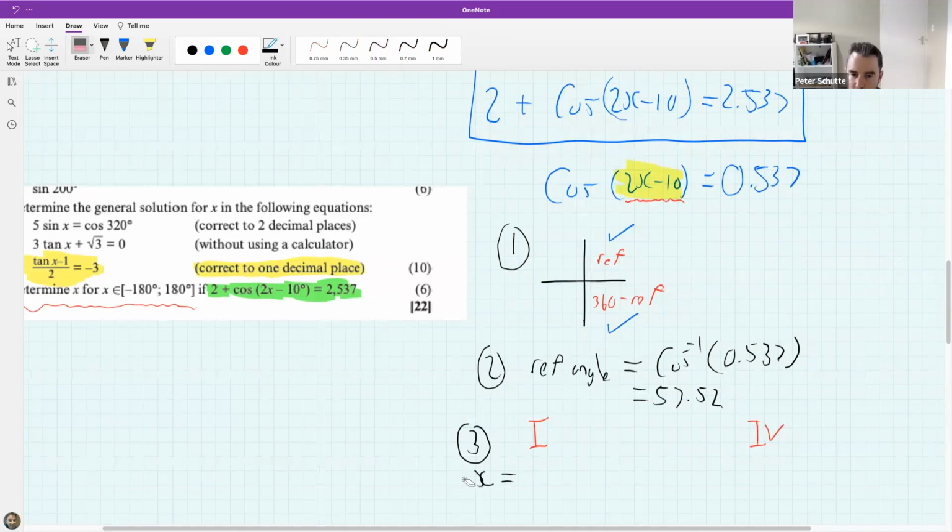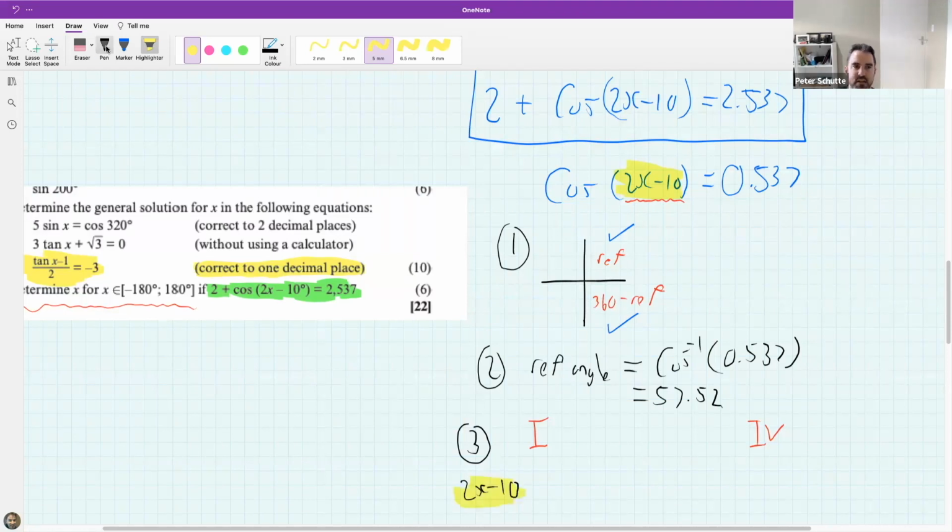Now, normally, when we go to this step, we would write x equals something. But because it was no longer just x inside the cos, what do you think I'm going to write to start over here? Am I going to write x, or what should I write instead? It's going to be 2x minus 10, because that is what is inside the cos function.